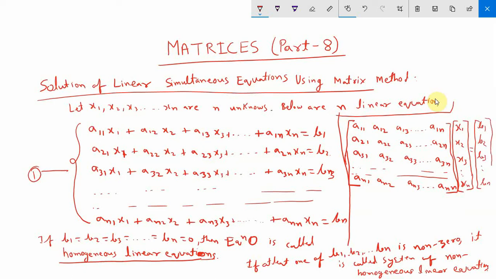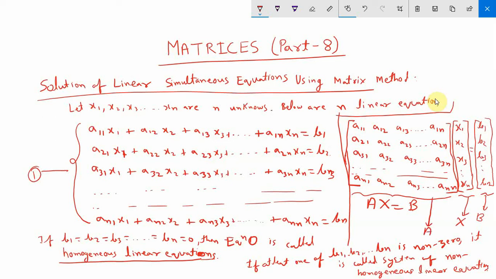Okay friends. So the given linear equations can be represented in matrix form like this, or we can write capital A into X equal to B, where A is this matrix, X is the column matrix of x1 to xn, and B is this matrix. This is your B, this is your capital X, and this matrix is the A matrix.